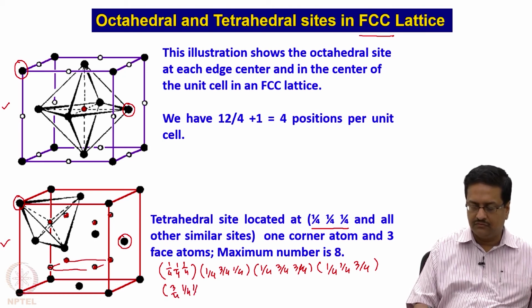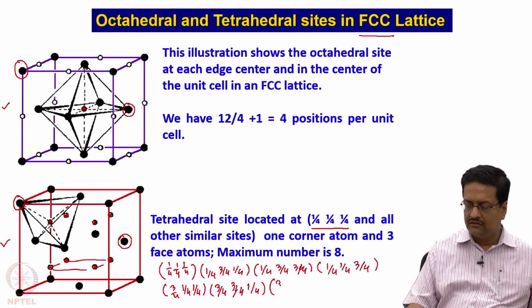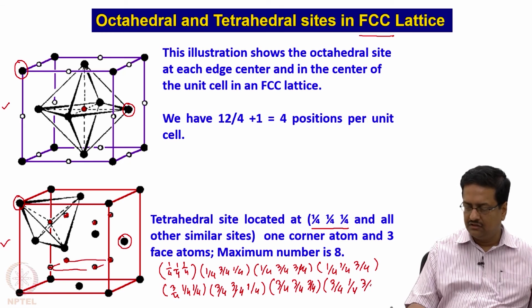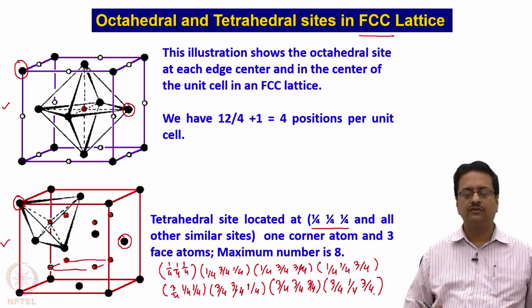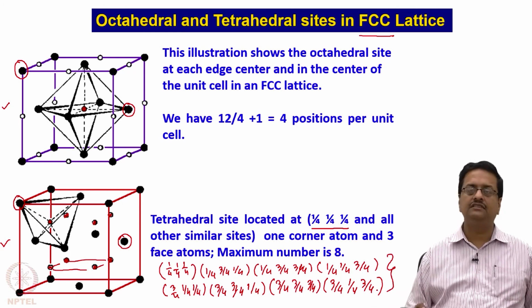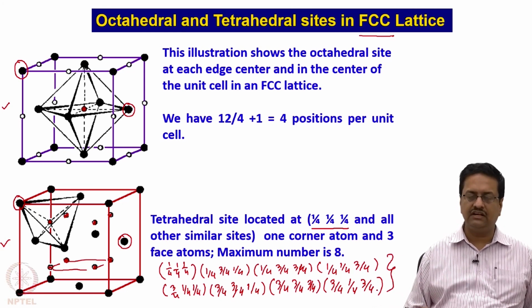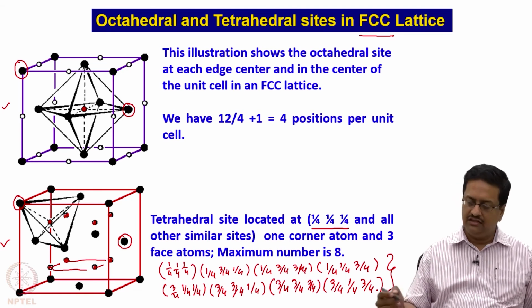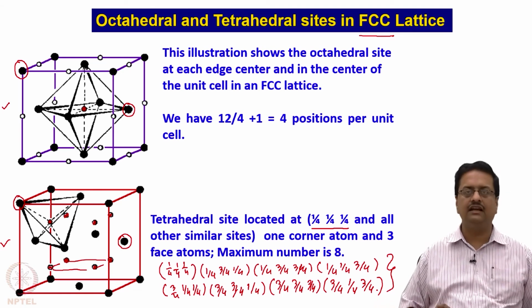3/4, 1/4, 1/4, 3/4, 3/4, 1/4, 3/4, 3/4, 3/4, and 3/4, 1/4, 3/4. So inside this lattice there are 8 such locations which are tetrahedral sites, and each one of those is inside the unit cell.